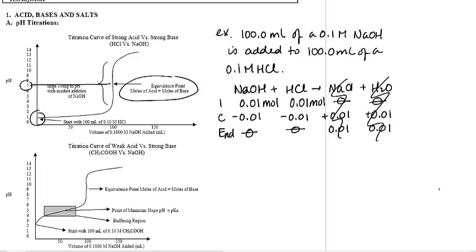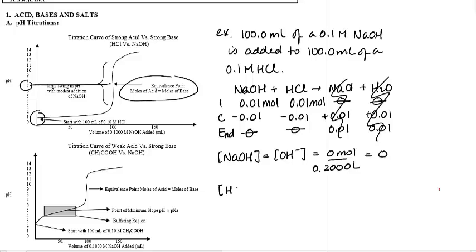Now, once we have this, we can calculate the concentration of NaOH and HCl. But as you can see, there's 0 moles. So effectively, the NaOH, which is essentially the concentration of the OH from the original base, is going to be 0 because it's going to be 0 moles divided by 200 mL. And our answer is 0.